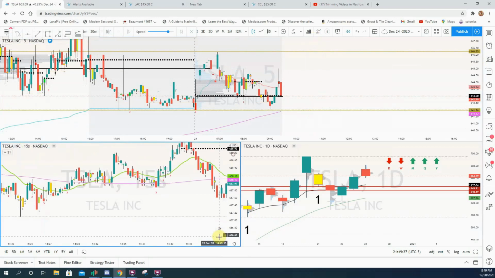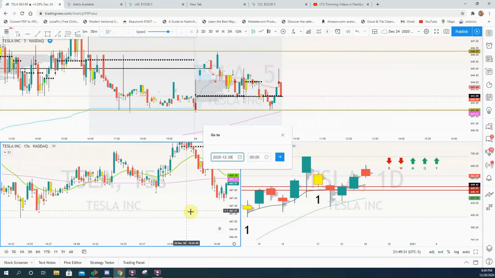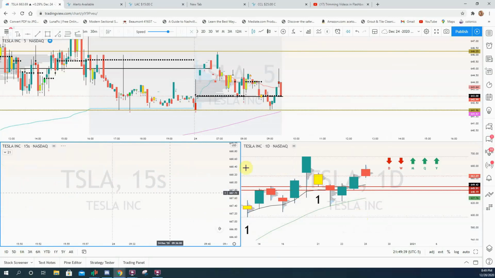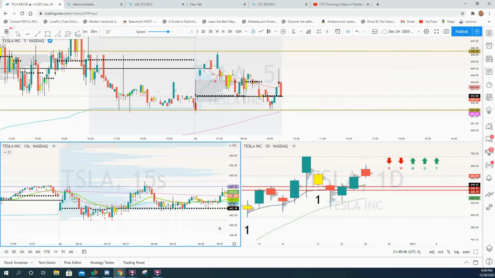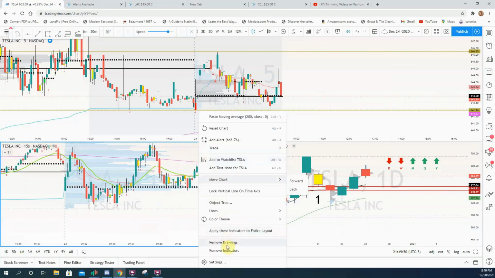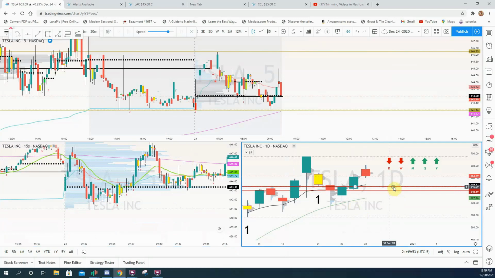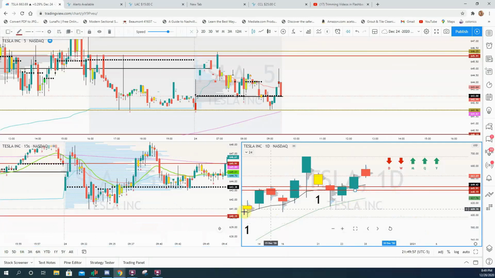And then I'm also going to back it up to the 24th and the 15-second, just so you can get an idea. Let me remove these drawings, and then I'm going to sync both these levels to all charts. Okay.